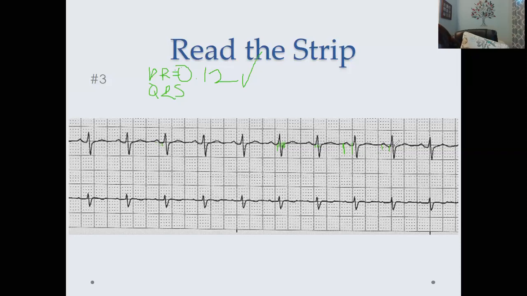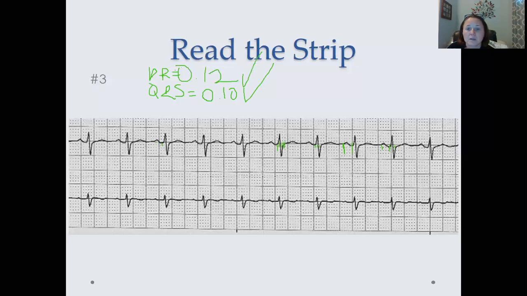Look at this one. 1, 2. It was right in the middle of those. So it'll be 1, 2, 2.5. So our QRS, 2.5 boxes, is going to be 0.10. Is that less than or equal to 0.12? Yes, it is. So we're good there.